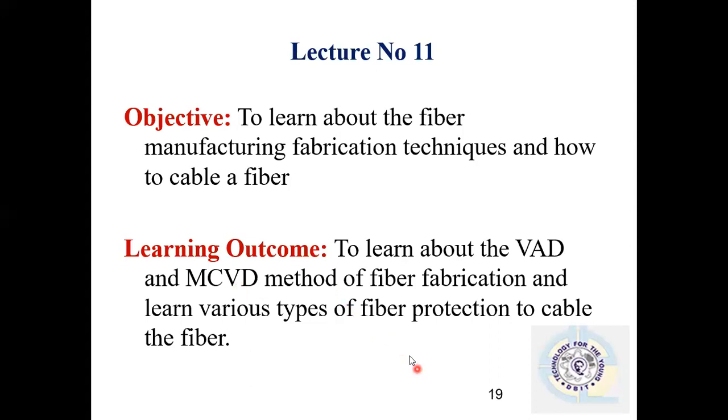So from an MCVD or WAD technique, we get a rod kind of structure. Last time you had seen in the video how that rod kind of structure is there. This rod, I have to give it to a drawing tower. I will show you the diagram; right now I'm just drawing.